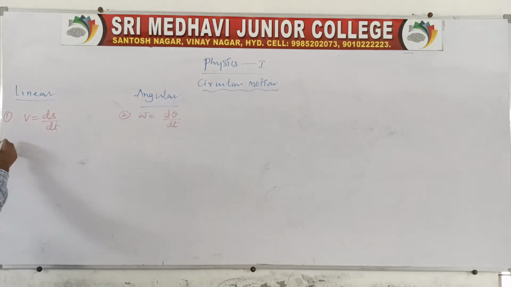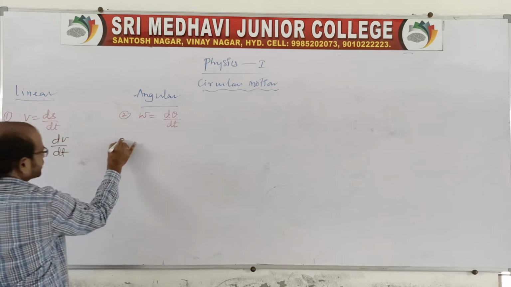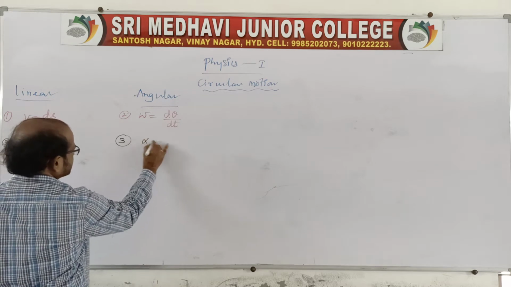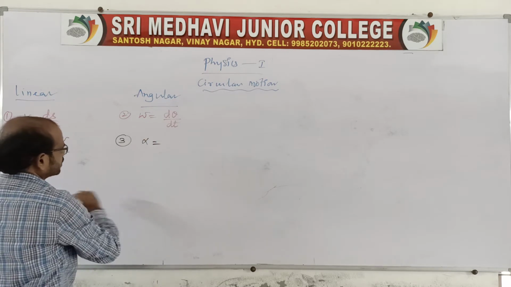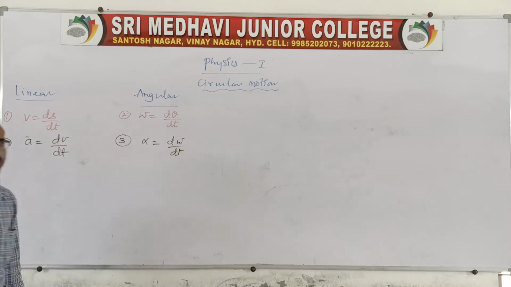Then for acceleration we know a is equal to dv by dt, right? And coming to the next one, angular acceleration, alpha is equal to d omega by dt. This is the angular acceleration as well as linear acceleration. Like that we have other relations also, that I'll tell you.